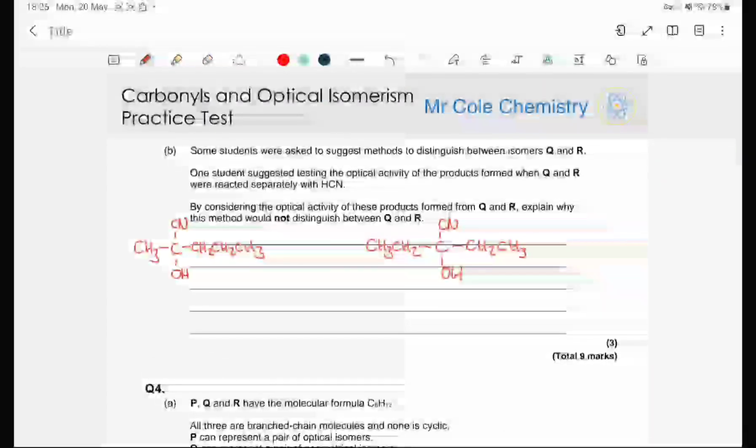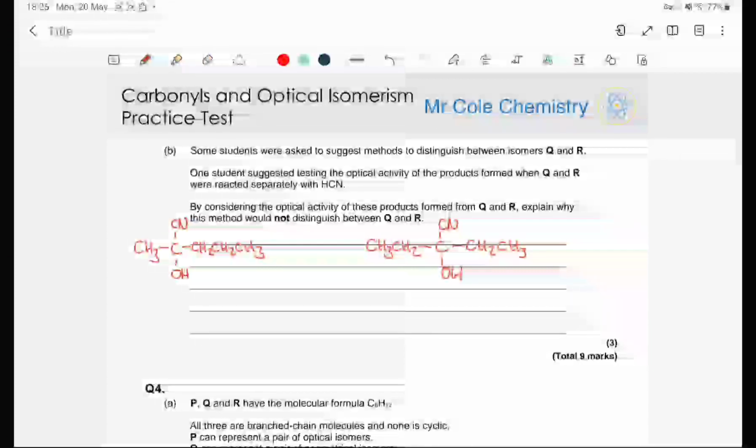Okay, so here are the 2 products from the reactions of HCN with Q and R. So on the left, we've got the product from Q, and on the right, we've got the product from R. What we need to do is look to see whether either of them have a chiral center. So remember, a chiral center is when they have 4 unique groups coming off a single atom. In the case of organic chemistry, it's going to be a carbon.